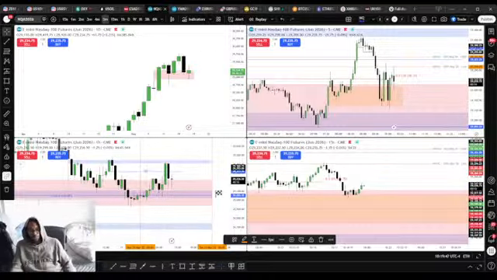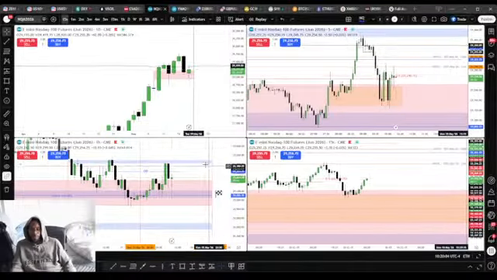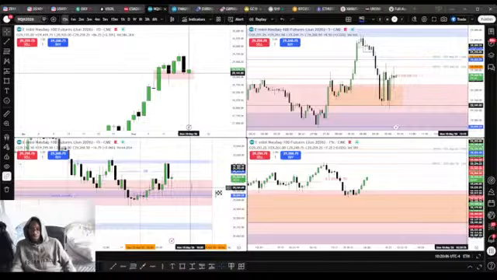Overall for the day, if we're not going to focus predominantly on the USD, it is going to be a high impact day. There's 2 red folders, just over 5, so it's what you could expect.